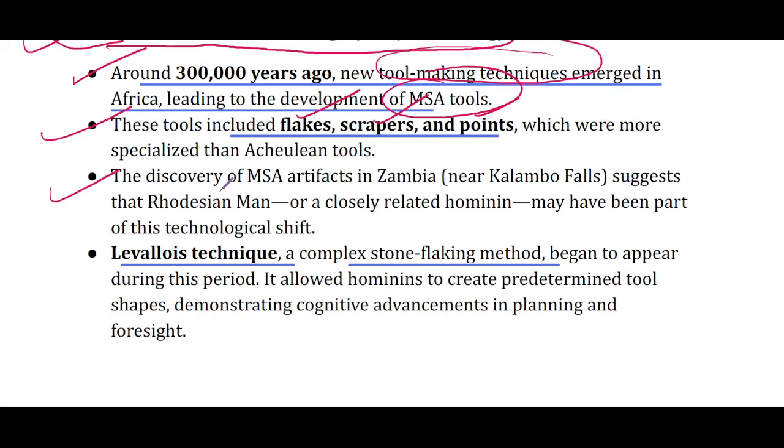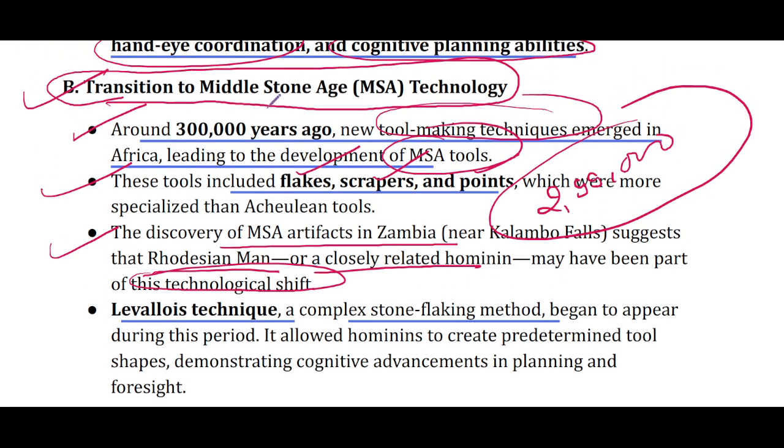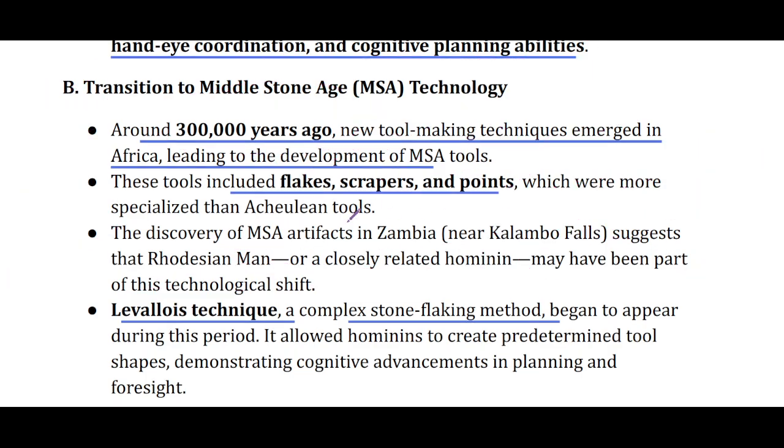The discovery of MSA artifacts in Zambia suggests that Rhodesian man or a closely related hominin may have been part of this technological shift. The timing of the emergence of MSA technology and the fossil placement of Rhodesian man suggests that both of them might have been part of the same technological shift.